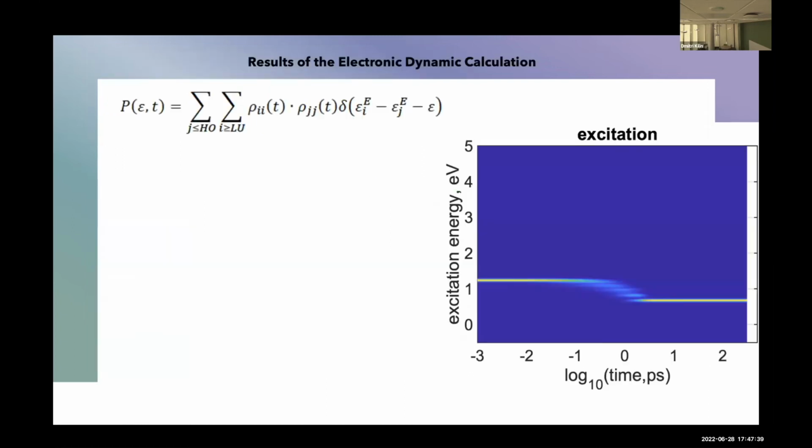Another thing which is often shown doesn't have any relation to practical observables, but it does appeal to intuitive human thinking. So if we forget about these strange things from non-Kasha emission, we will get emission and just follow how the excited state of different energy cascades from more excited to lower excited.